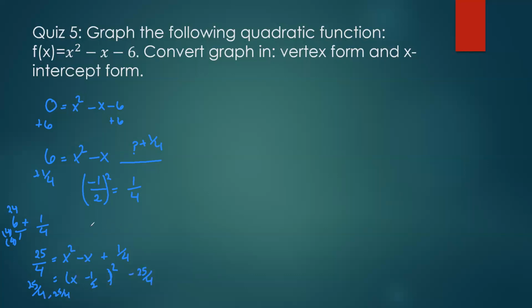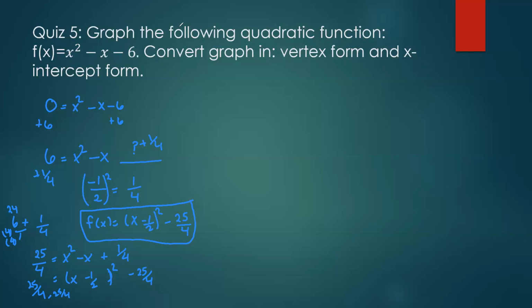So your function in vertex form is going to be (x - 1/2)² - 25/4, right? Okay, so that is in vertex form.